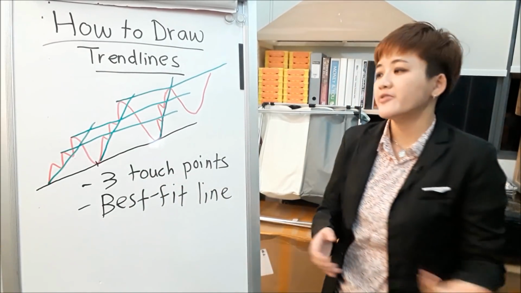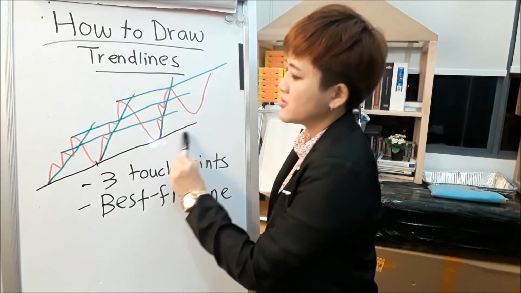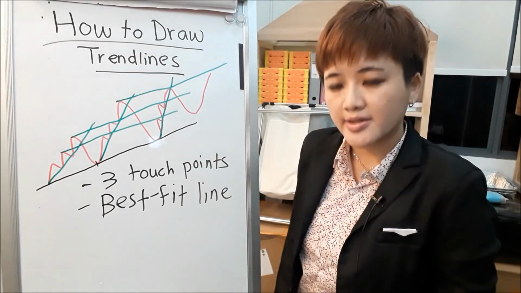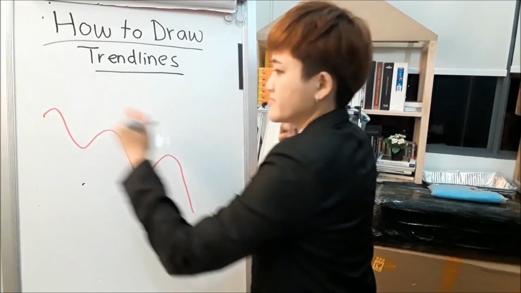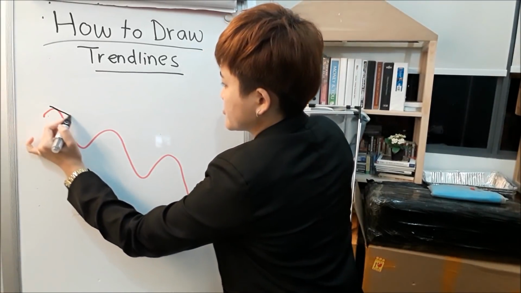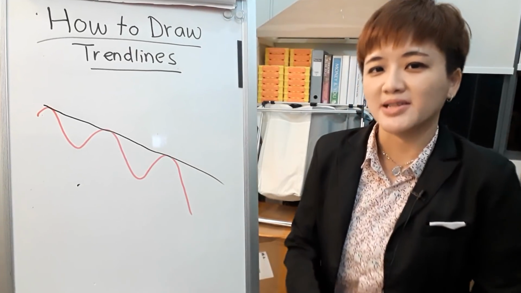So to put it simply, for an uptrend line, you draw your trend line below, just like this. And then, for a bearish trend, you will have to draw it on the top, just like that. And my line is straight.